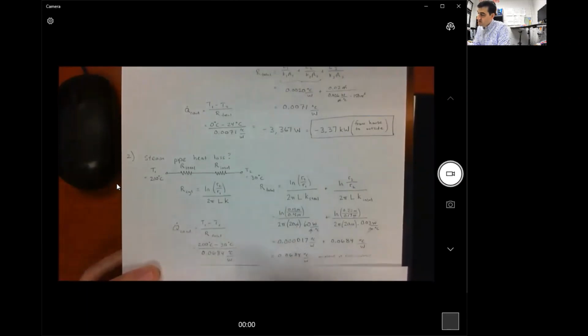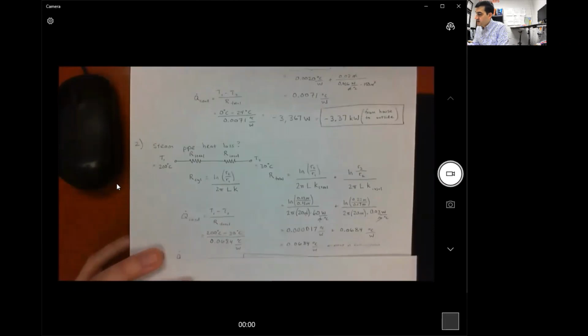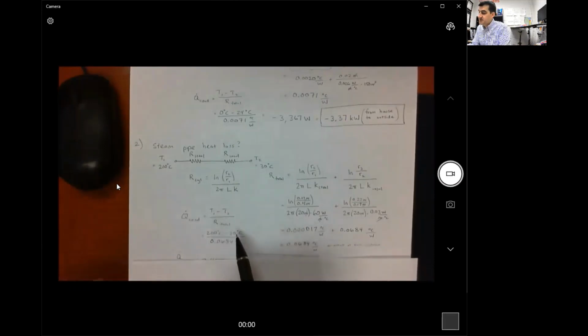So we plug that into our conduction heat transfer equation. So here's T1, here's T2. Notice here, it doesn't matter if you put it in Celsius or Kelvin because the delta T, the difference in temperature, would be the same, whether it's in Celsius or Kelvin.